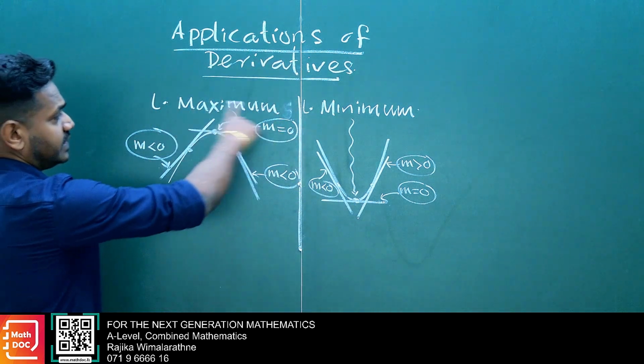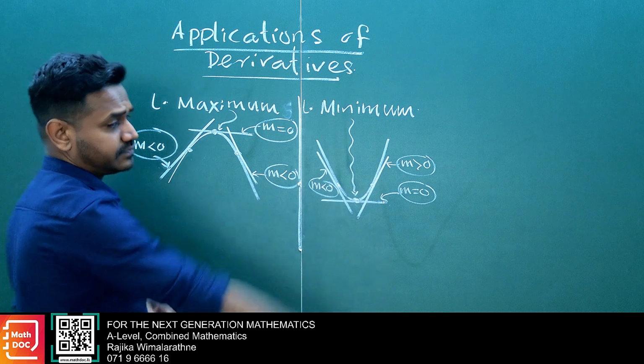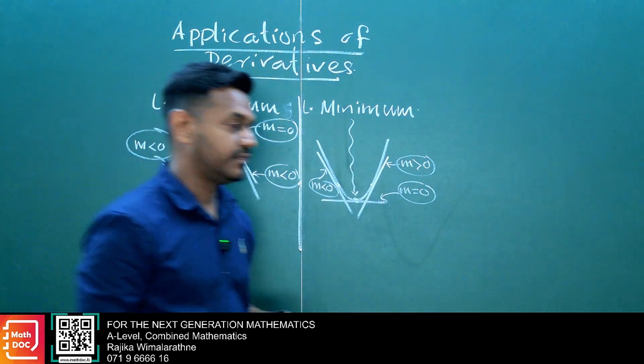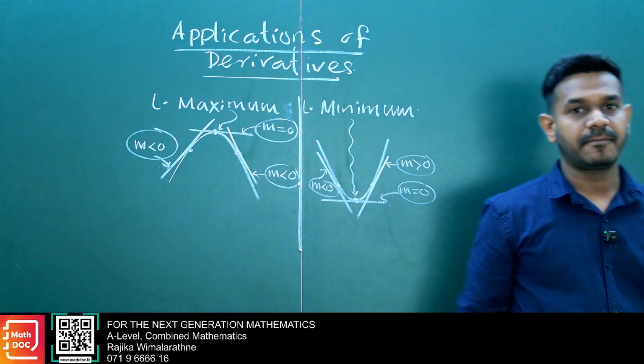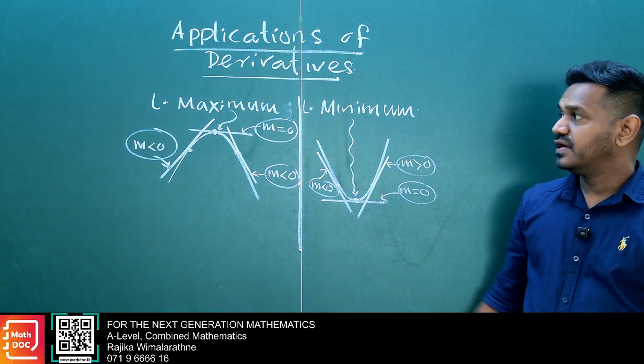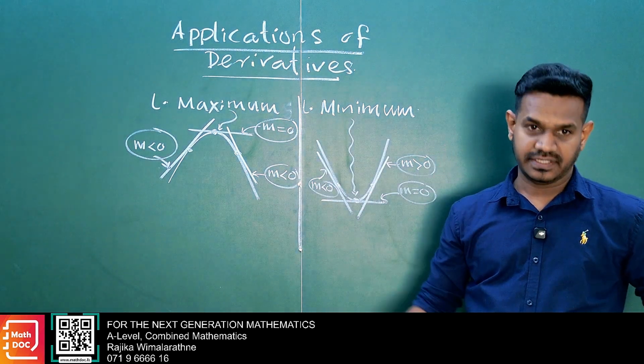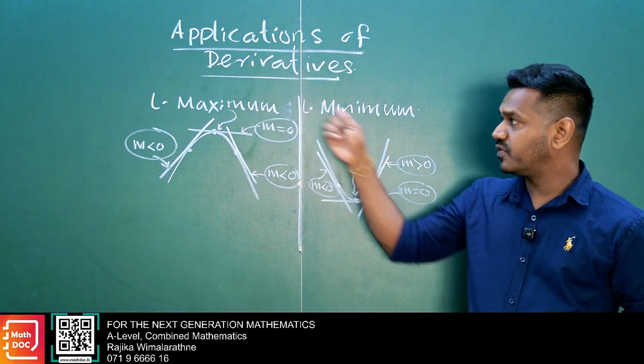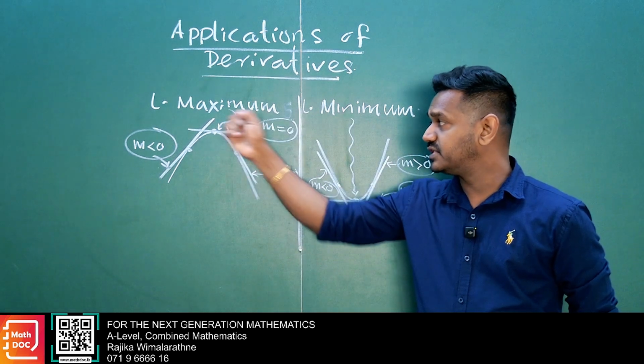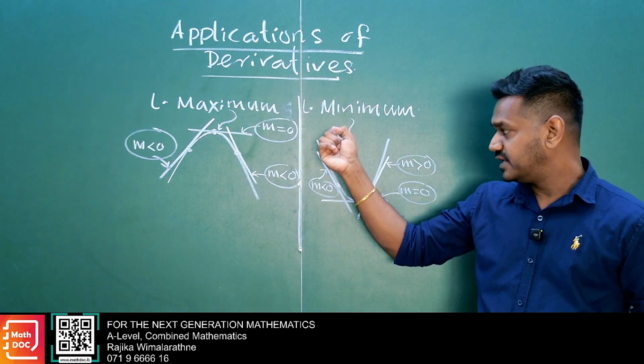Now sketch this diagram. Here we call local minimum and here local maximum. Local maximum, local minimum: here the gradient varies from positive to negative, and here from negative to positive.